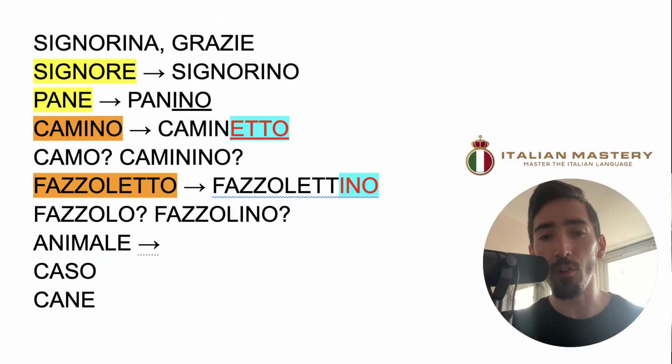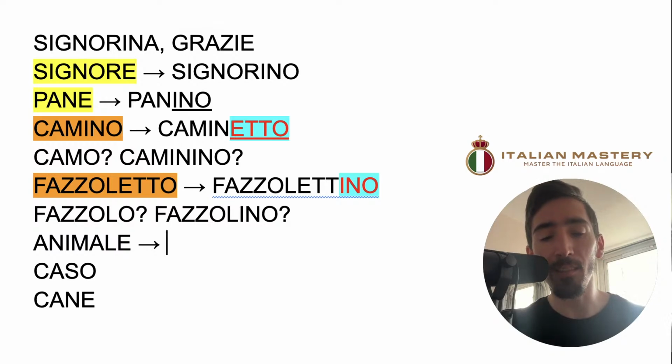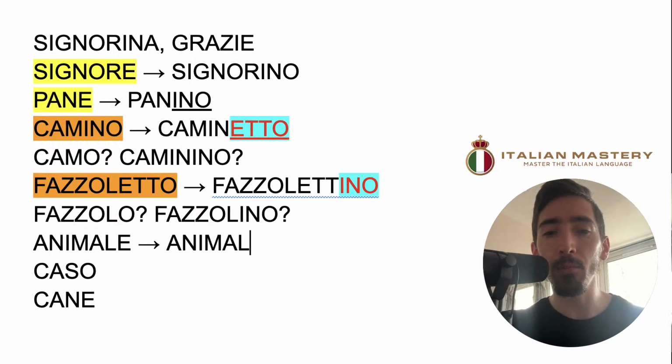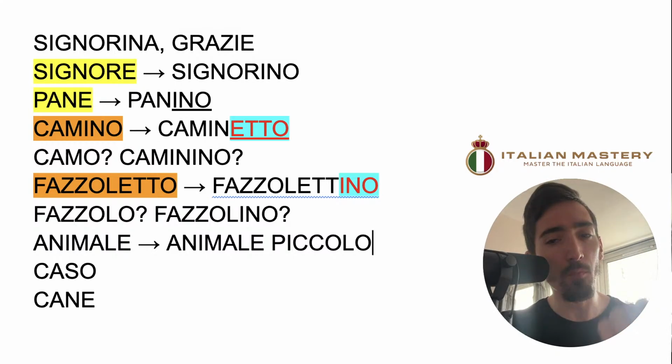I would like you to try this one by yourself. We want to transform this word that means animal, animale, and use alteration to say something like small animal. We want to convey the idea that this animal is small.